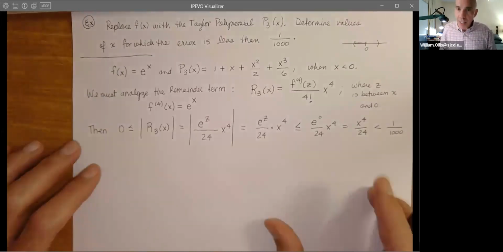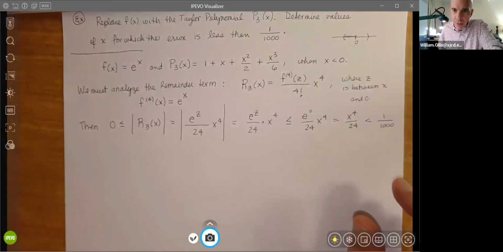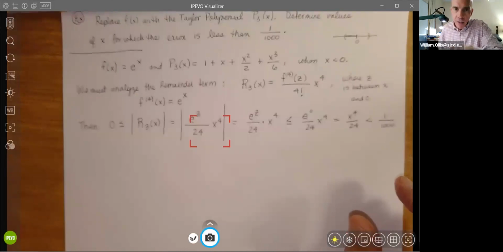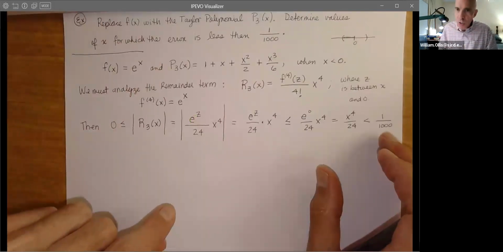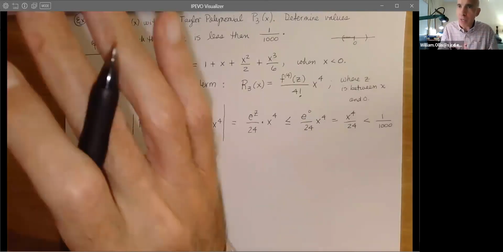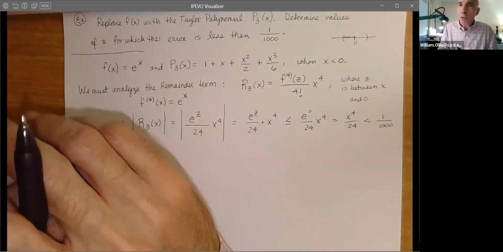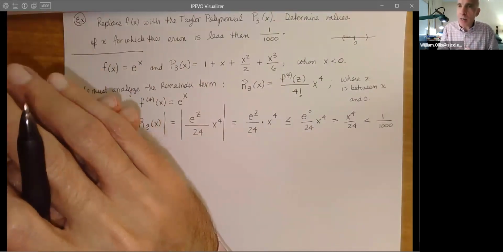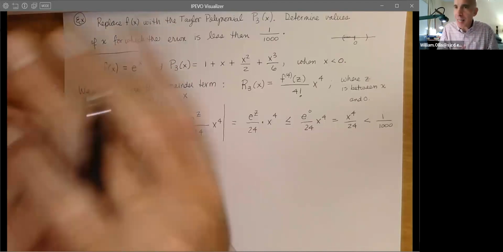So now we're seeing that when we actually analyze this, just like we've done in the other problems, we compute the improper integral and set it less than the desired error, or we look at the first neglected term and then set it less than or equal to the error.